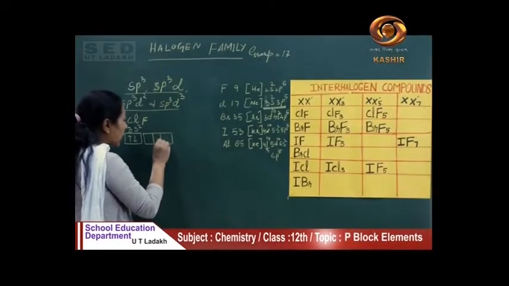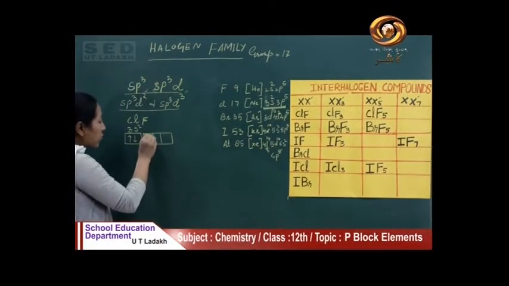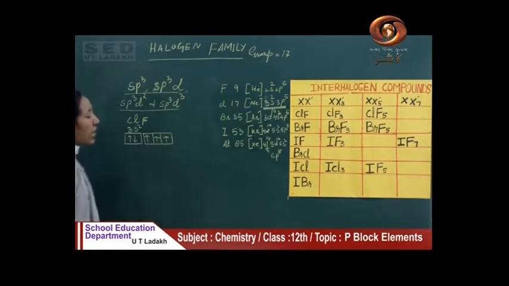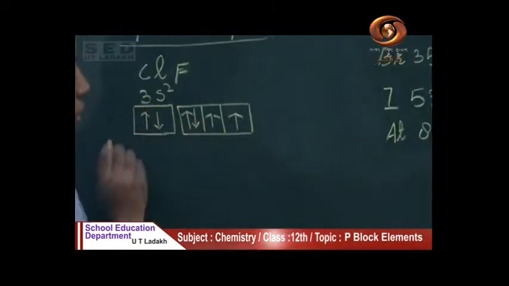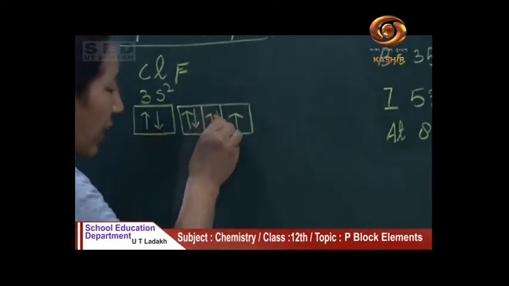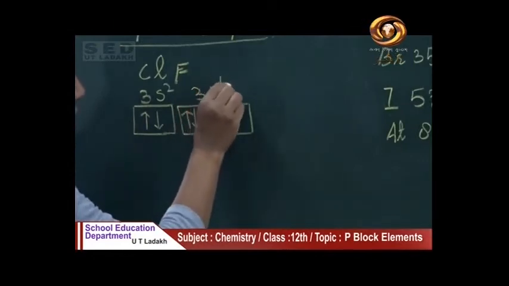We know that there are three p orbitals. First you write one electron in each according to Hund's rule, then pair up.